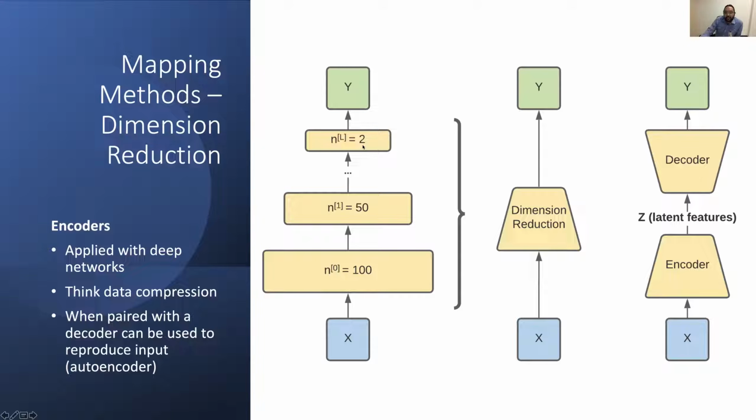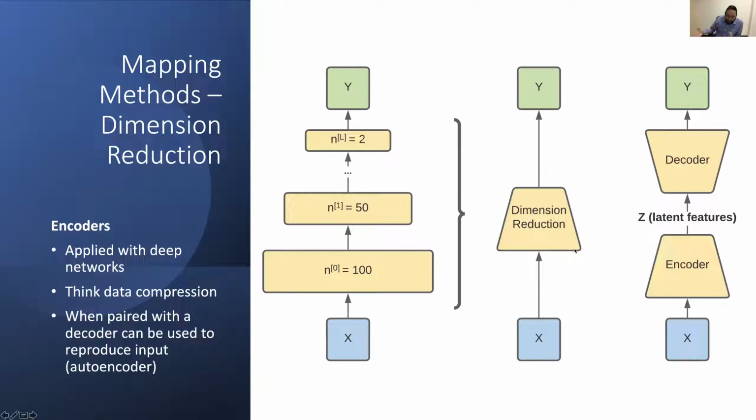And usually what's done is you'll make your predictions on those 2 variables. These compressed features are often called latent features, or the encoded features.